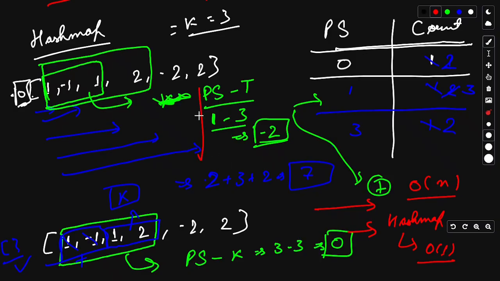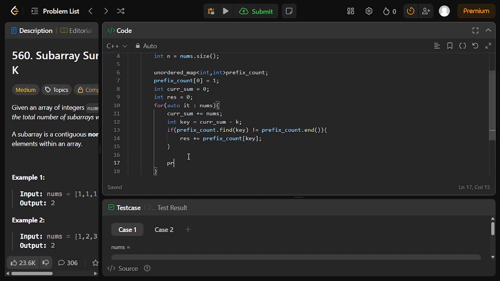And after checking this, if there are elements present within the hash map, we will add it to the result, and otherwise we will take the current sum and we will increment its count.